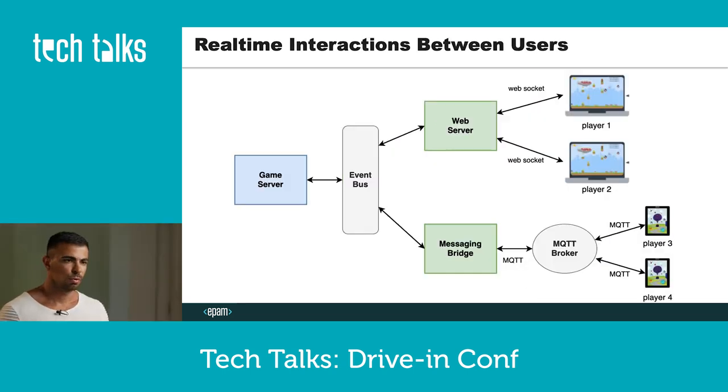And event-driven is also great if we want to build real-time interaction between users. Think about multiplayer games, collaboration tools like Google Docs, chat. All of them could be easily done with event-driven systems.